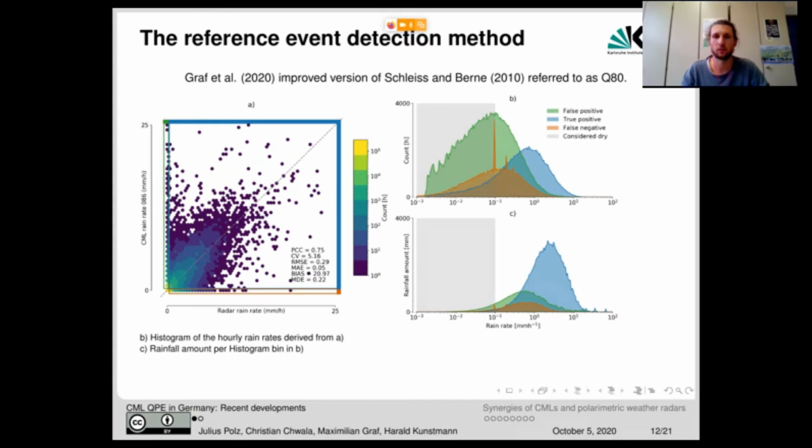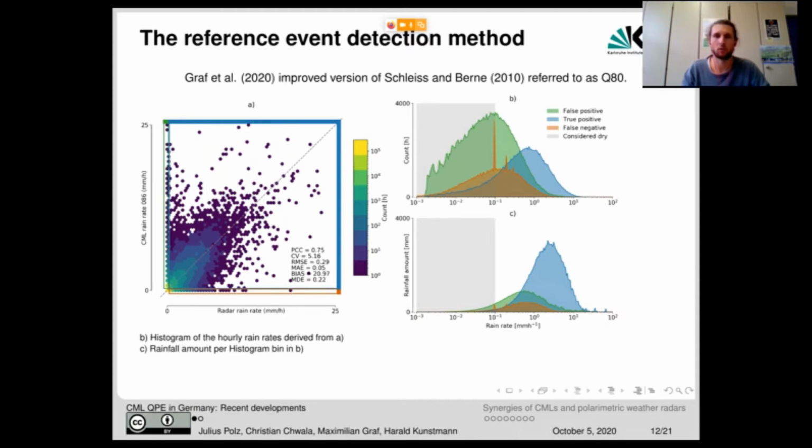And false negatives, rainfall that we missed, that we should have seen because the radar saw rainfall and the CMLs didn't. On the lower right side, you see the rainfall amount on the logarithmic scale that these hours on the upper right side contribute to. So it's the actual rainfall amount in the bins on the upper side.